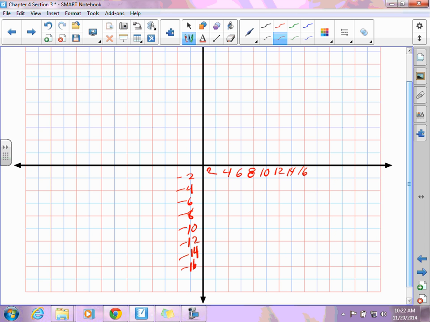So if I look at the first ordered pair, that was what? 4, 0. So I'm going to find 4, 0, and I'm going to put a dot. This is my x-intercept at 4, 0. The y-intercept is down here.